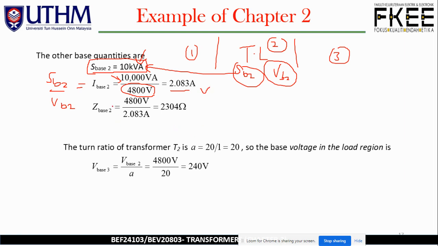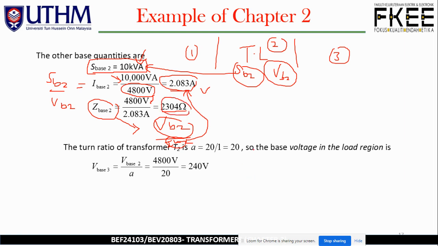And then what about Z base 2? Z base 2 is nothing but V base 2 over I base 2. V base 2 is the same value, and I base 2 is taken from the above calculation, and thus Z base 2 equals 2304 ohms.